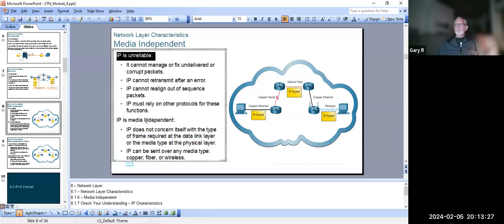IP is also media independent. It doesn't matter whether you're going over Ethernet, a WAN connection, a fiber connection, or wireless. It doesn't matter to IP. IP is basically part of the data in the frame. As far as the layer 2 data link layer is concerned, the IP header and the data that it's carrying is all just data.